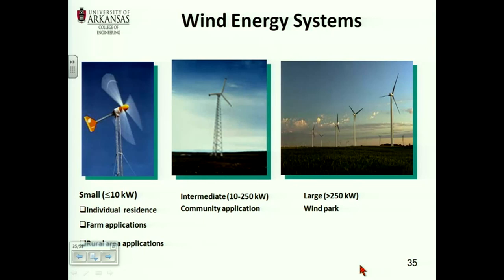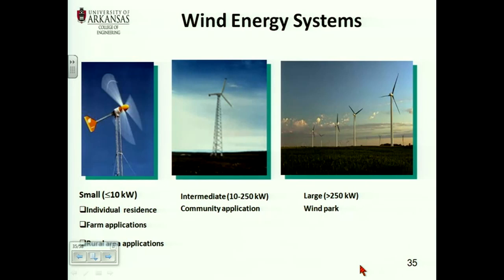If you increase that, you're talking about a community, because you produce sufficient power to supply 10 houses, 20 houses. You got a community. And then you have a wind park, which is more than 250 kilowatt, but here you are talking about 100 megawatt, 200 megawatt.